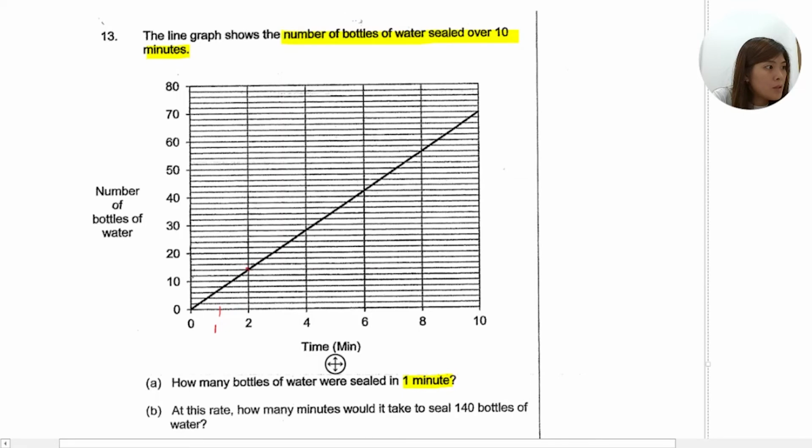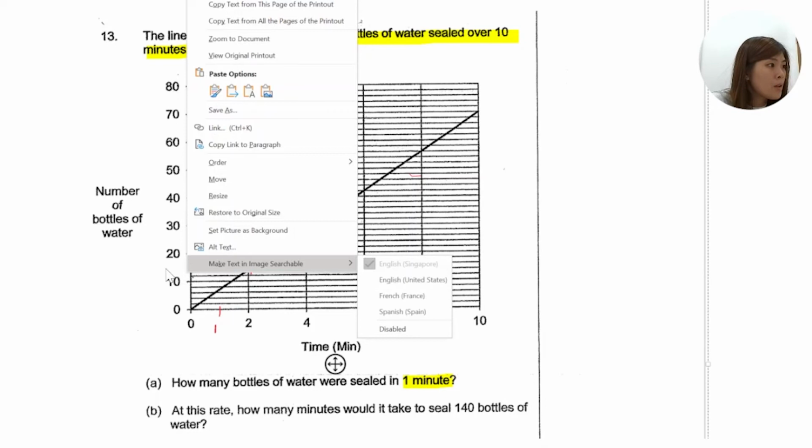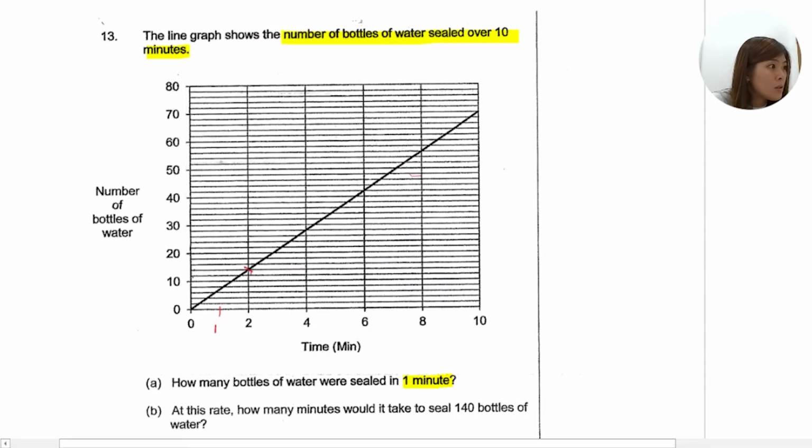2 minutes. Okay. So for 2 minutes, what is this? Okay, so for this, right, so here would be 14.